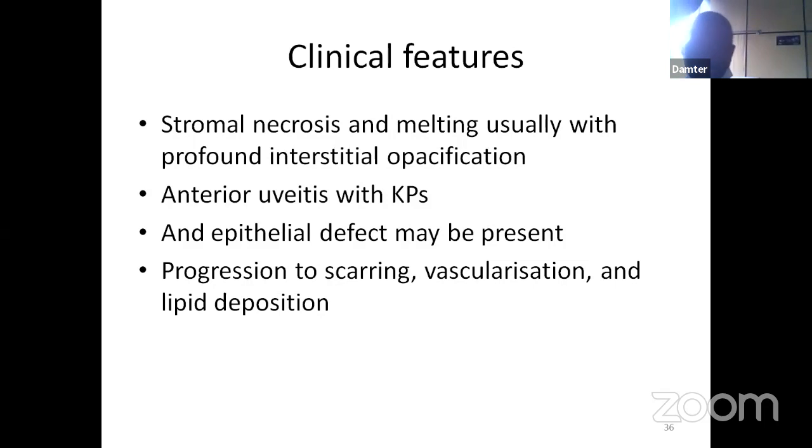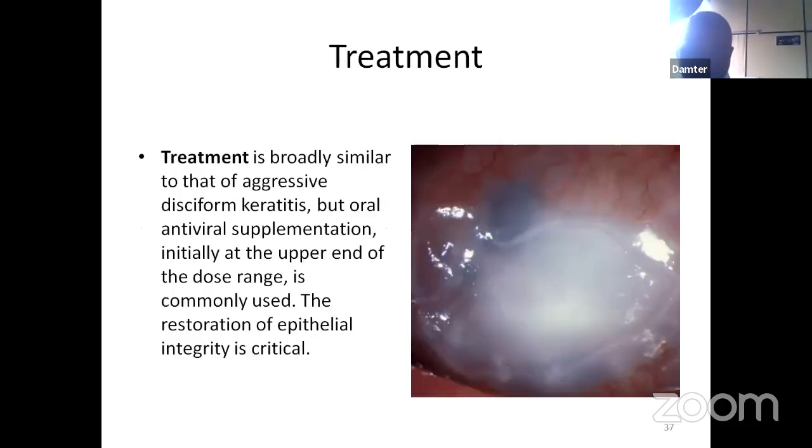Clinical features in necrotizing stromal keratitis include stromal necrosis and melting. It is usually profound with interstitial opacification. There could be anterior uveitis with the presence of keratic precipitates, as it occurs also in Disciform Keratitis. An epithelial defect may be present in this case. You will now progress to scarring, vascularization and lipid deposition on the cornea.